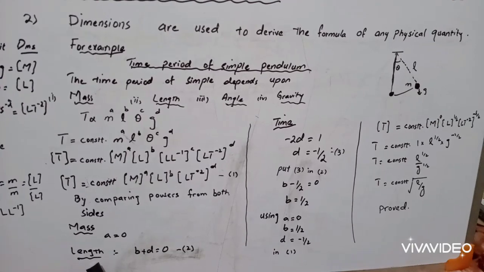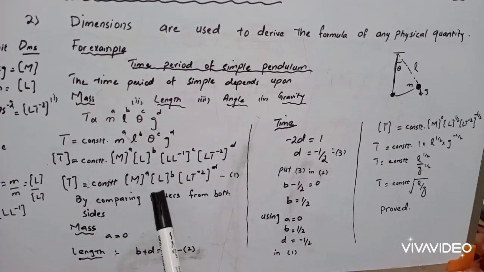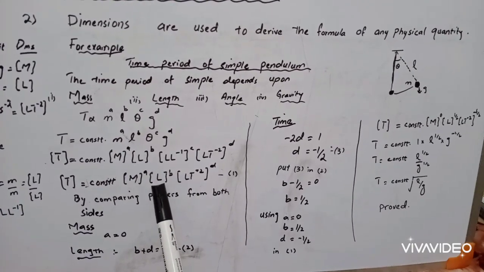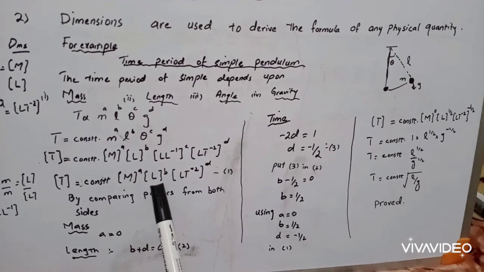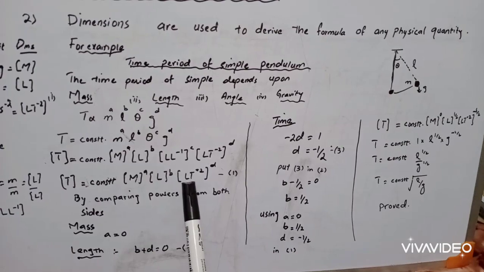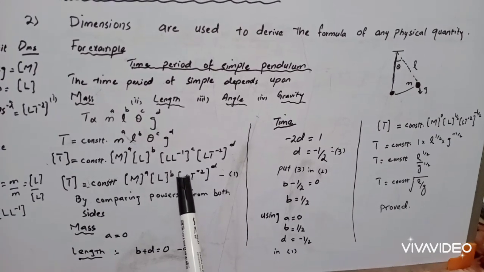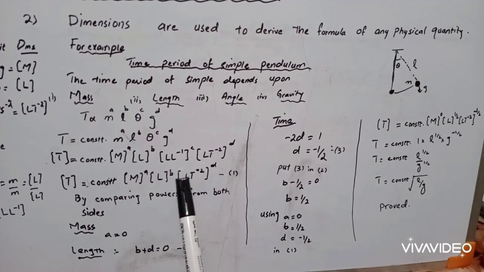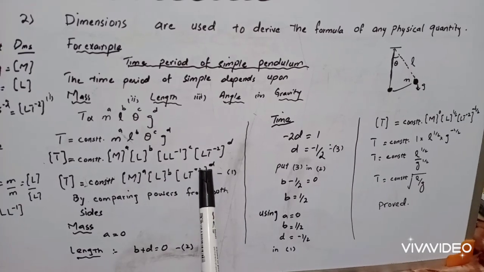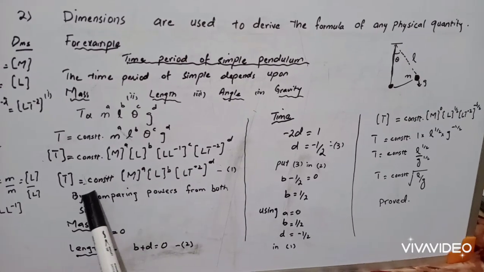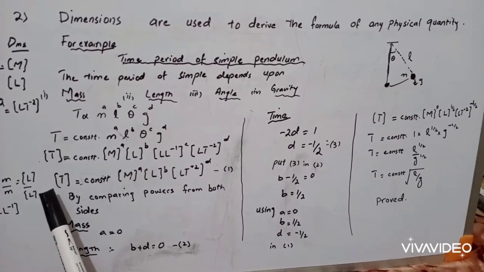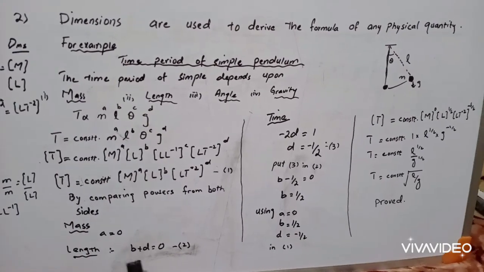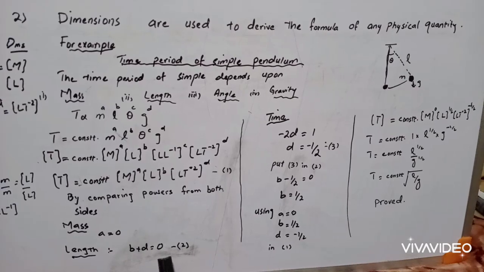Now our next dimension is length. Length has a power 1 multiplied with b, and length is also here with power 1 multiplied with d, so b plus d is equal to 0. As you can see that on the left hand side there is no dimension of length, so our equation is b plus d is equal to 0.